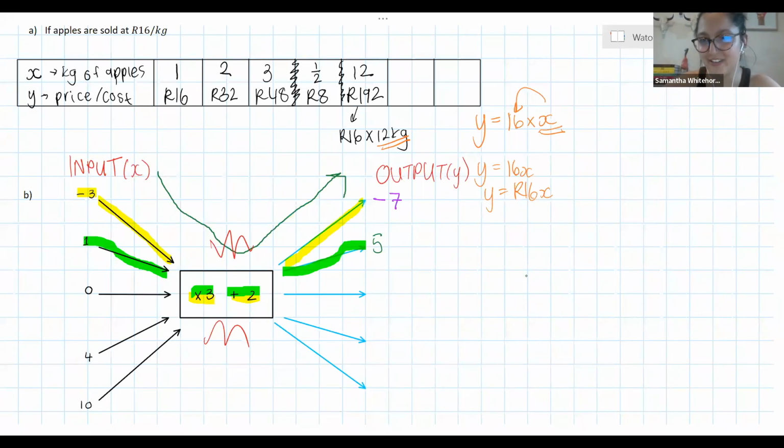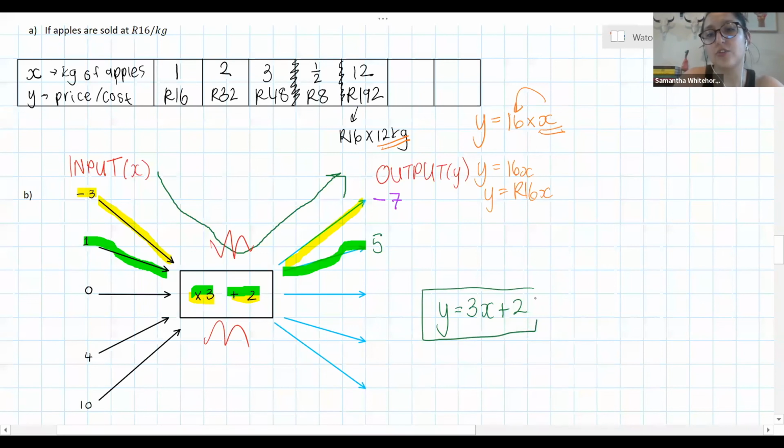Evening, ma'am. Hello. Ma'am, so it would be 3x plus 2. Okay, and that would be equal to y. Yes, ma'am. Good. So y would be equal to 3x plus 2. And so this, guys, is going to start the basis of being able to draw a graph. It is expressing the relationship or the operations happening to my input in order to get an output.